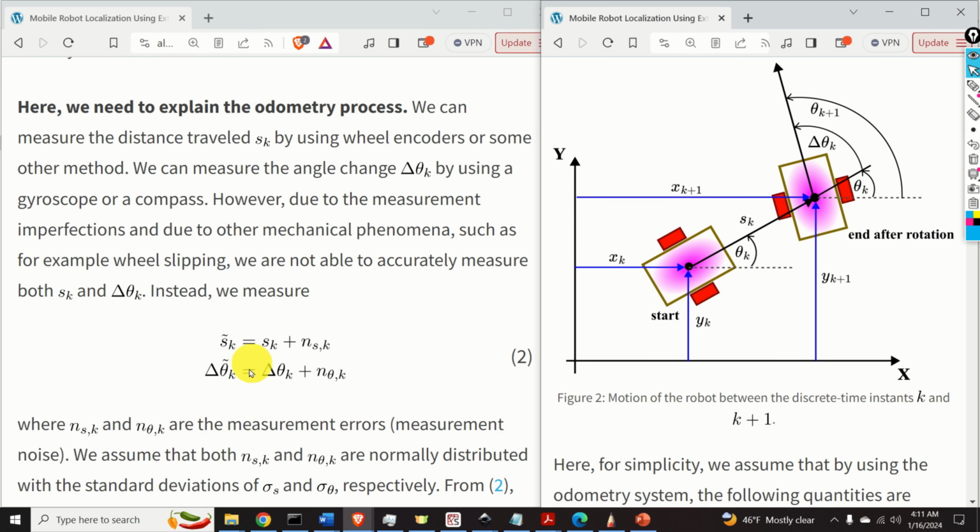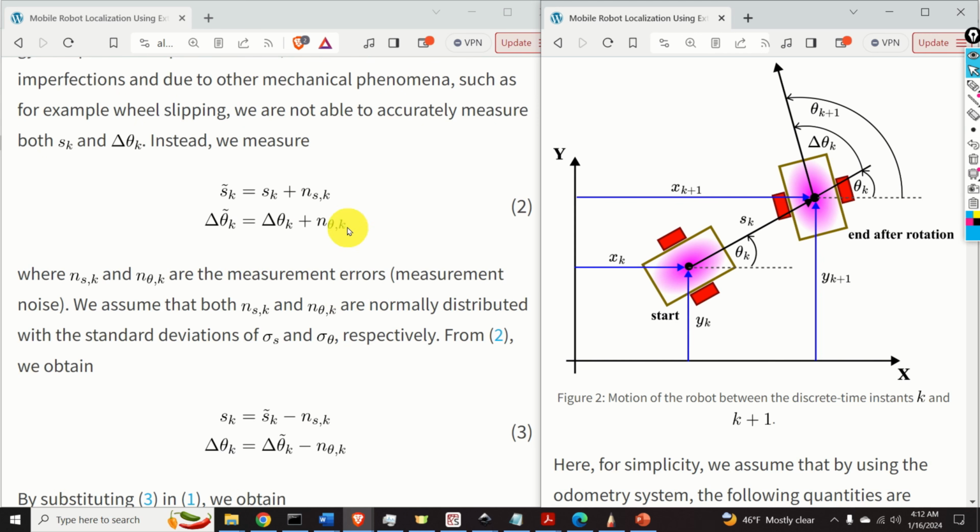Similarly, we don't measure the true value of delta theta k. Instead, we measure its corrupted version, delta theta k tilde, and delta theta k tilde is equal to delta theta k plus this noise term. We assume that both n sk, that is this noise term, and n theta k, that is this noise term, are normally distributed with the standard deviations of sigma s and sigma theta.